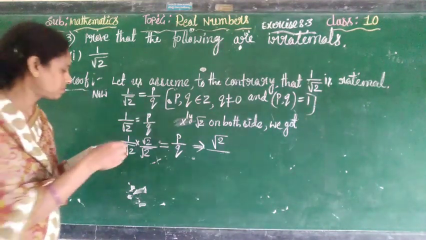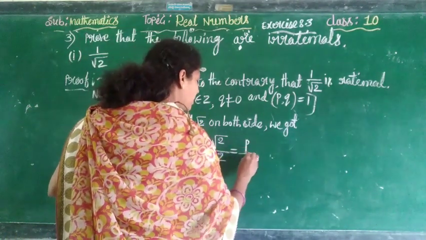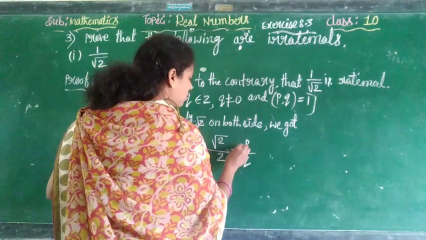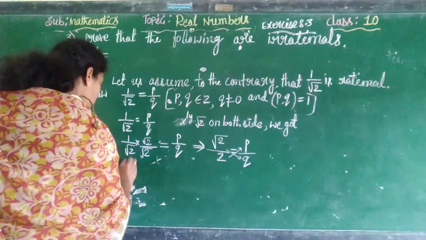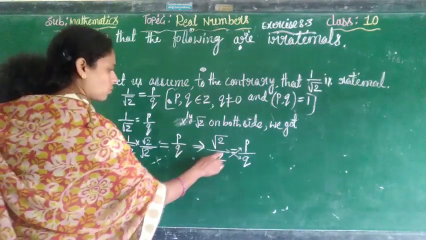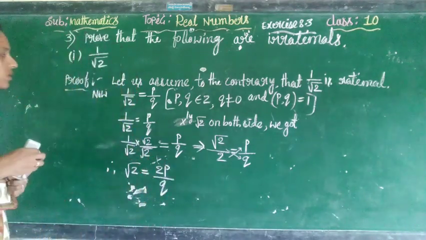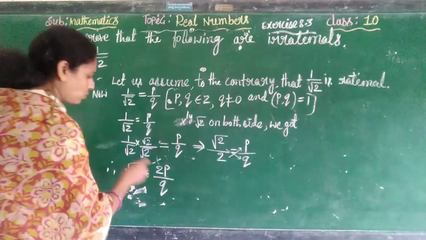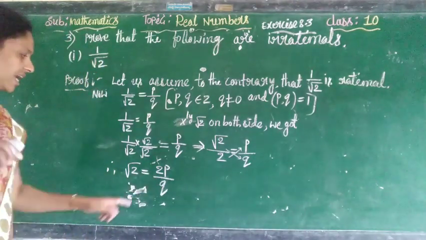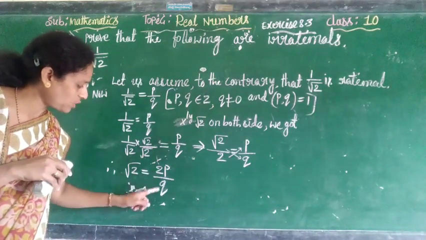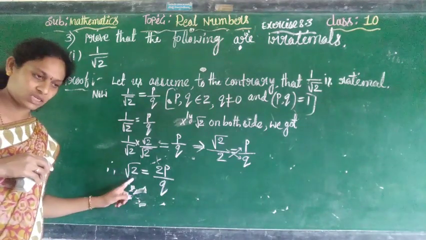So root 2 by 2 is equal to p by q. Next we take cross multiplication. Therefore root 2 is equal to 2p by q. Okay students, here 2p by q is a rational number and root 2 is an irrational number.